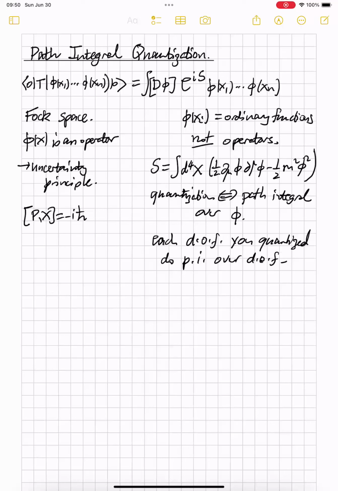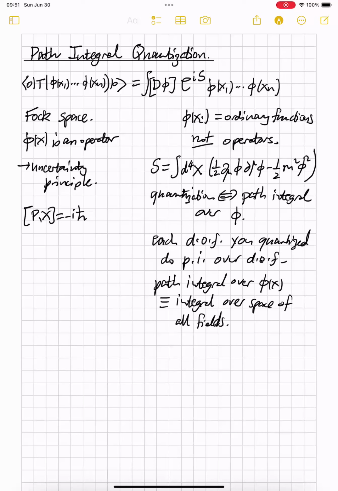And now, what do we mean by this path integral? Well, the path integral over phi of x is defined to be the integral over the space of all fields.